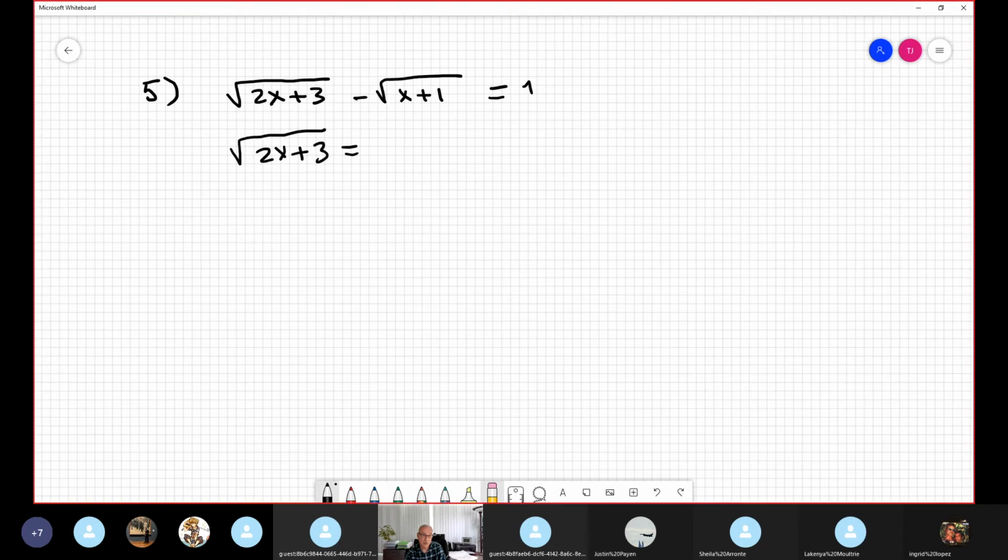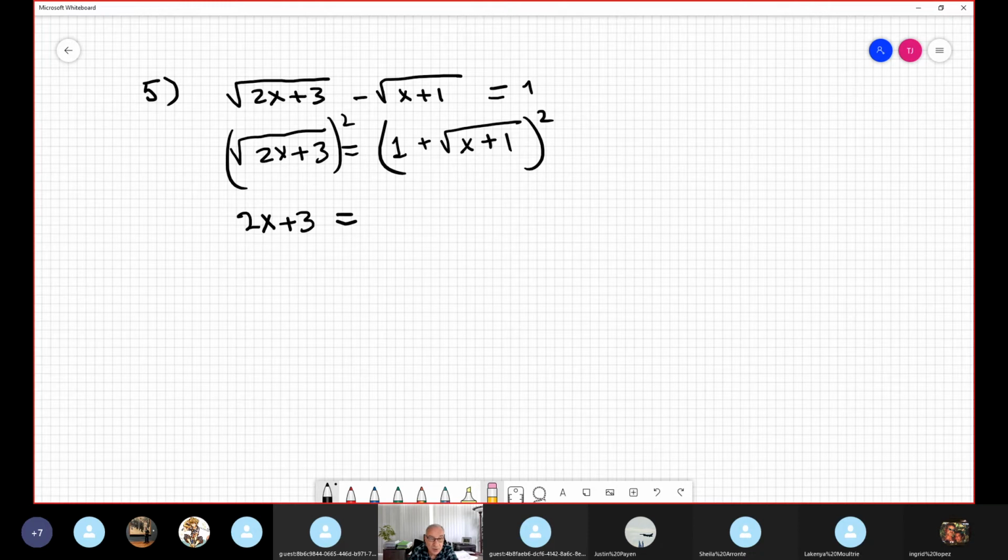I move the second to the right hand side. Now ready to eliminate at least the first radical. So 2x plus 3 is equal, and you FOIL this like in kindergarten, guys.